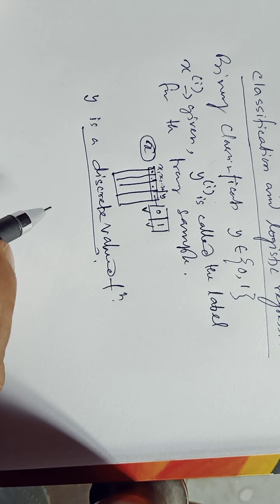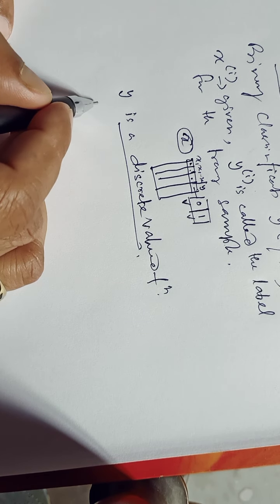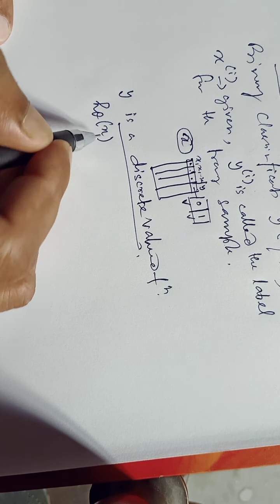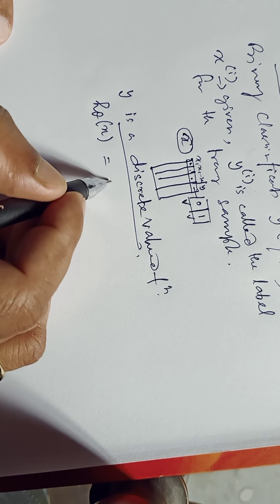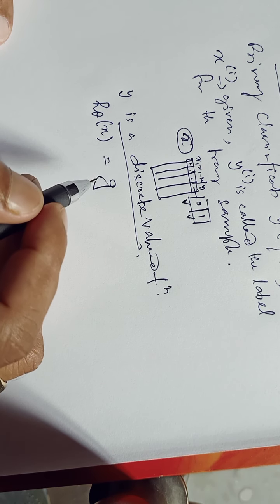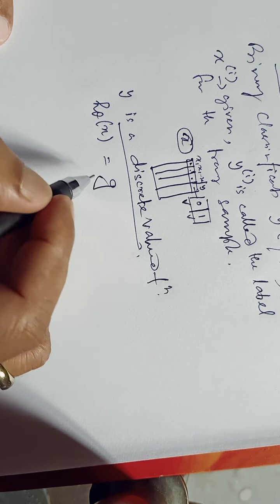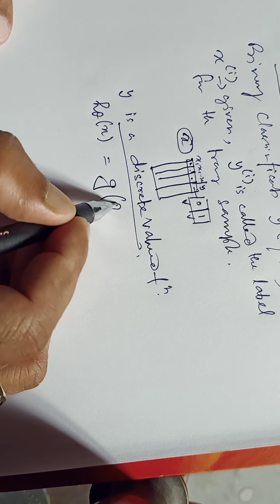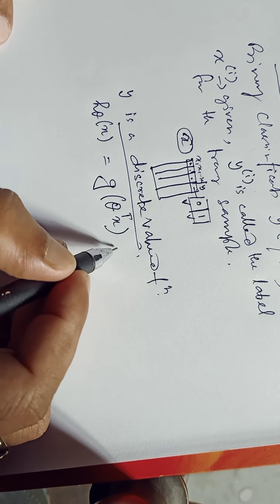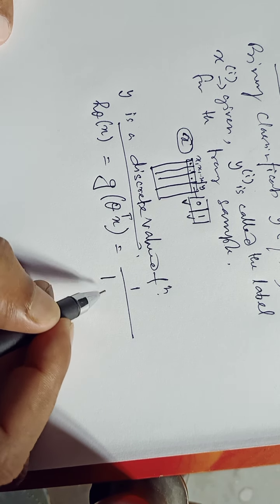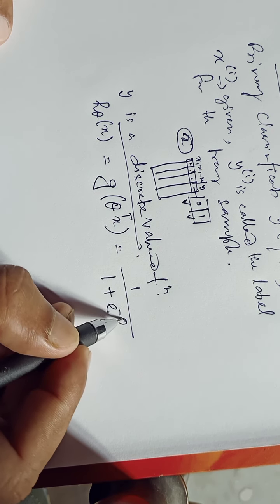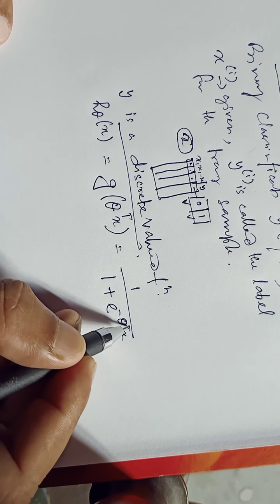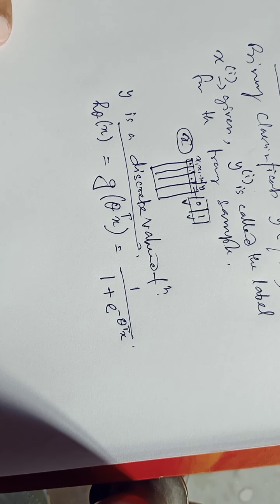So here we are considering the hypothesis function h theta x. I think all of you are aware of the sigmoid function. So we will consider the hypothesis function as g of theta transpose x, which equals 1 by 1 plus e to the power minus theta transpose x, which is known as the sigmoid function.